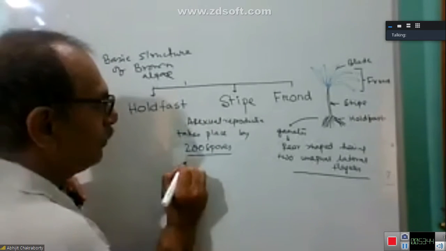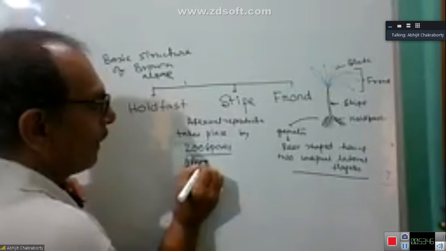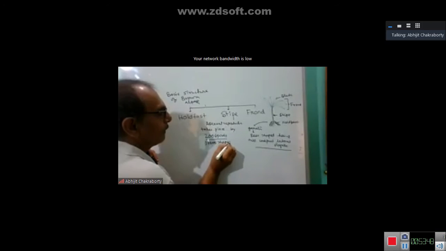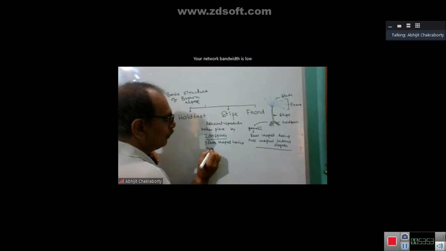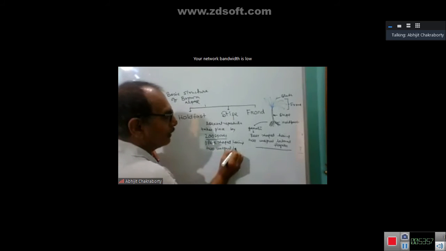They are also pear-shaped, having two unequal lateral flagella.